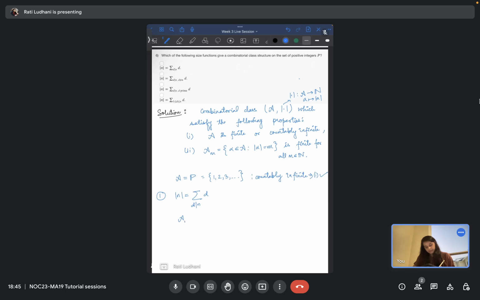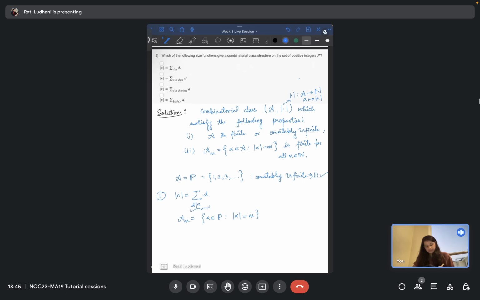So you have A_m, which is the set of all alpha from A, and A is your P, such that the cardinality, the size of alpha, is equal to m. So now let's see what you have. At this step, what is happening?